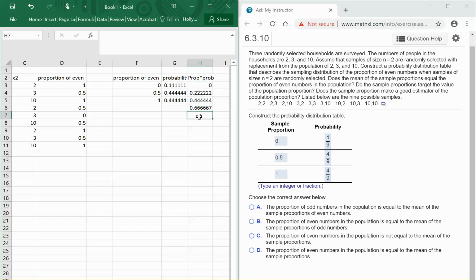So 0.6667, that is going to be 2/3. This is the mean of sample proportions, which is going to be 2/3. All right. Now let's look at our population. Remember, our population are just the three numbers 2, 3, and 10.